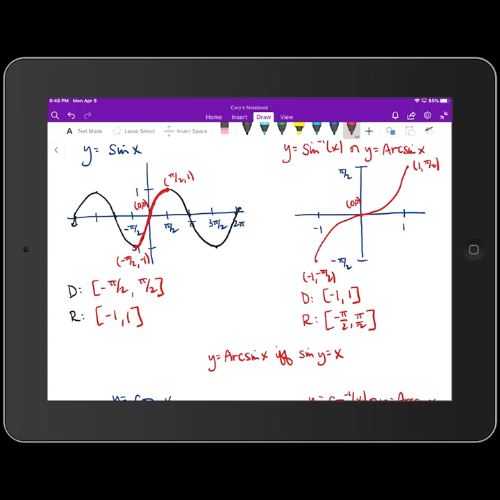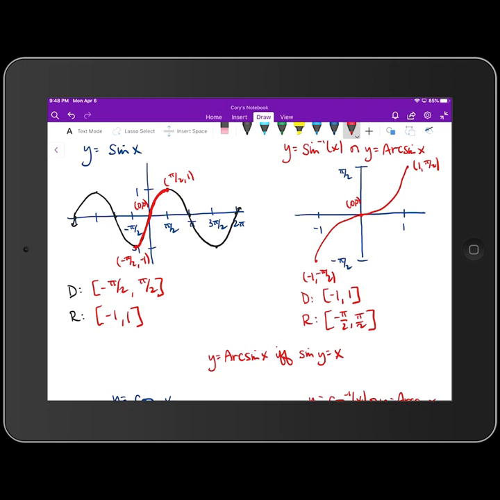And another way for us to look at the relationship between inverse sine and sine: y is equal to the arc sine of x, or y is equal to the inverse sine of x, if and only if the sine of y is equal to x.